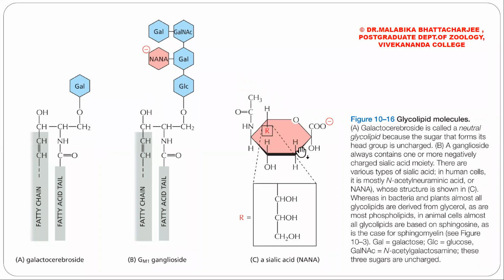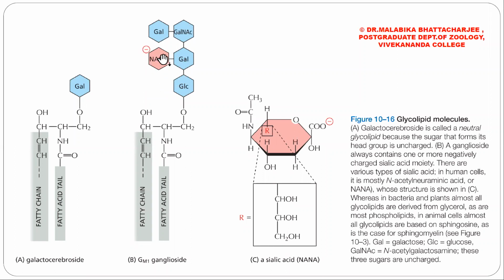Now, this is the structure of sialic acid. You can see that in human cells gangliosides are present, and the gangliosides contain sialic acid. This is also an important point regarding the recognition of a self cell from a non-self cell during immune reaction.